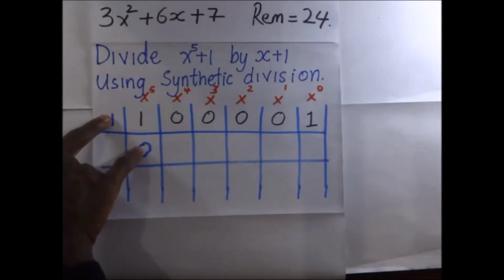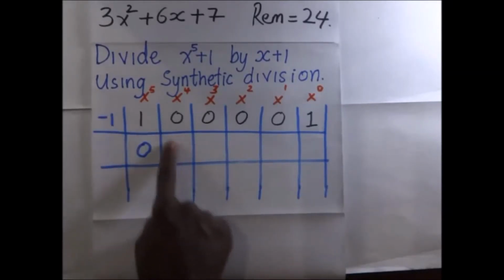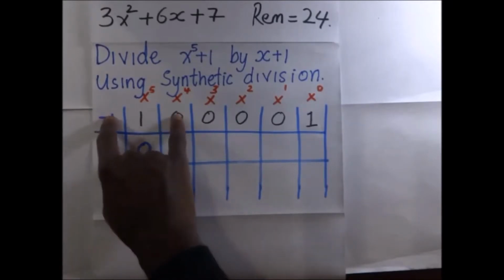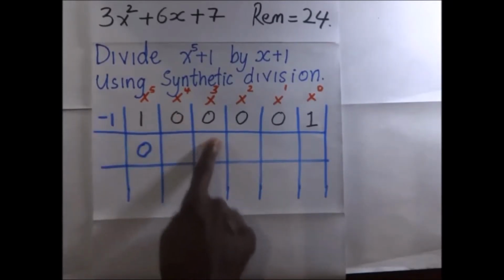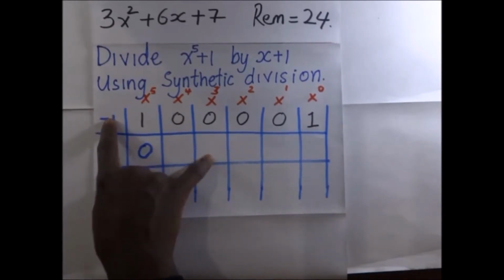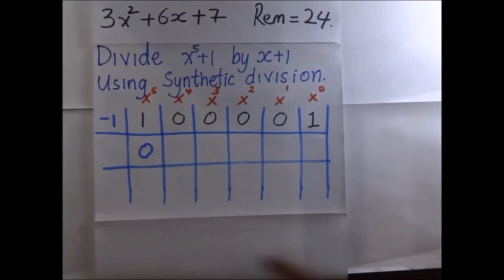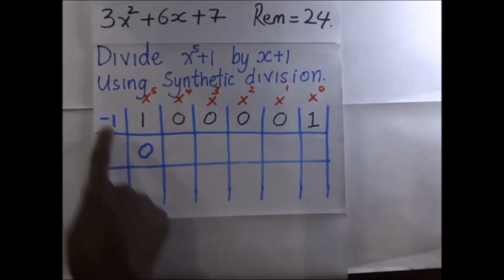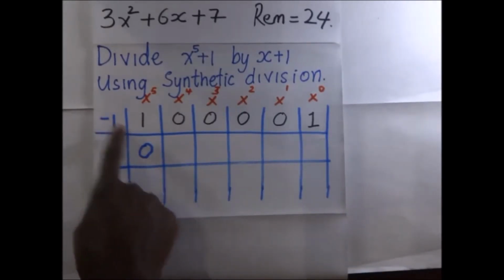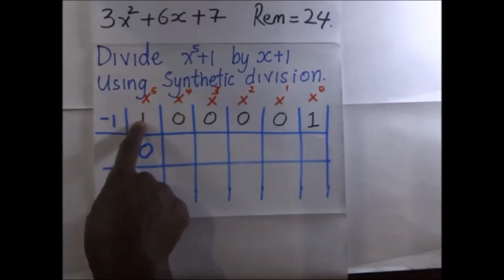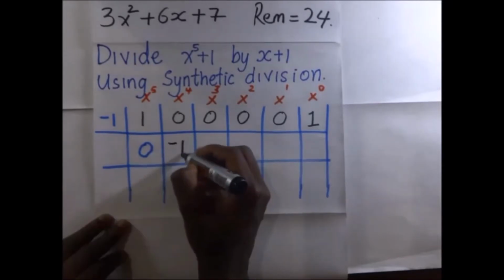This times that plus this times that gives us that next figure. This times that next figure plus this times that gives us this. This times that plus this times that gives us that, and so on and so on. So we start. Negative 1 times 0 plus negative 1 times 1 is going to give us negative 1.